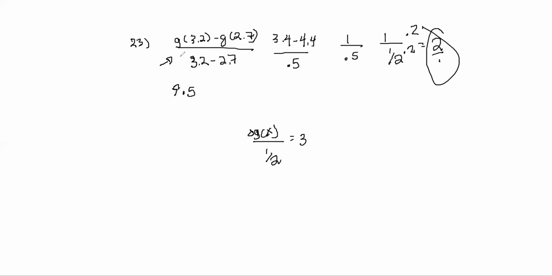Doing it one at a time is a completely viable option, but it's just time consuming. So I'm going to multiply this by 1/2, and then multiply this by 1/2, and so these 2's will cancel, and this is going to be delta g of x over 1 is equal to 3/2.